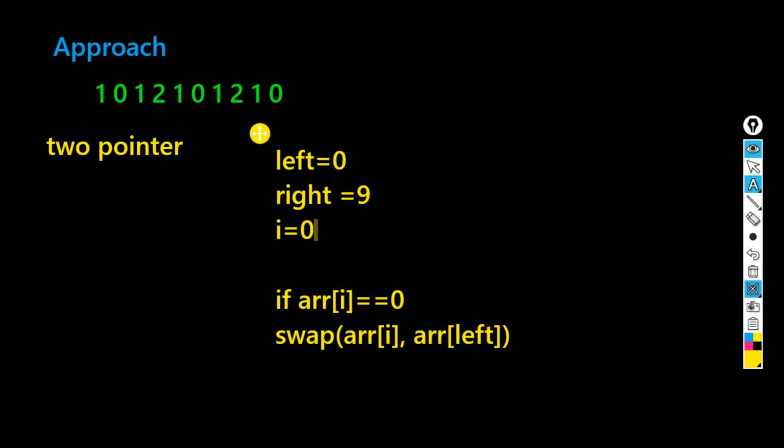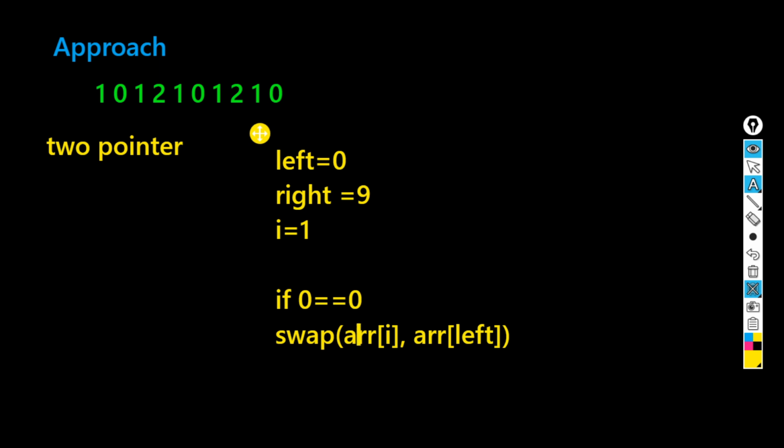Now in this condition, arrays I index is 1, so it will not do anything. Now again the loop will run. I will be 1, and then here it will be 0. So till now we have just checked these 3 conditions, and now we are on the swapping part.